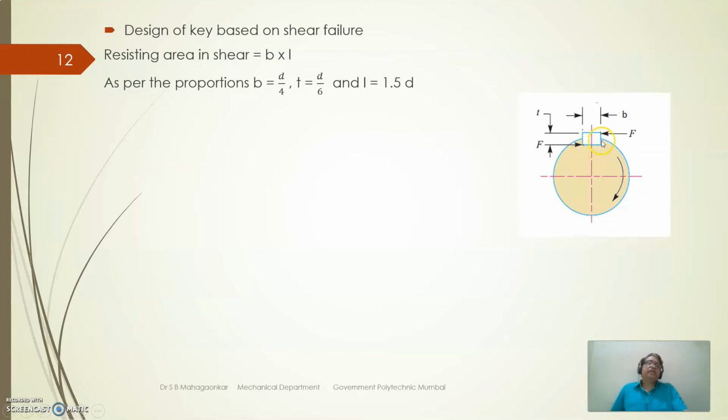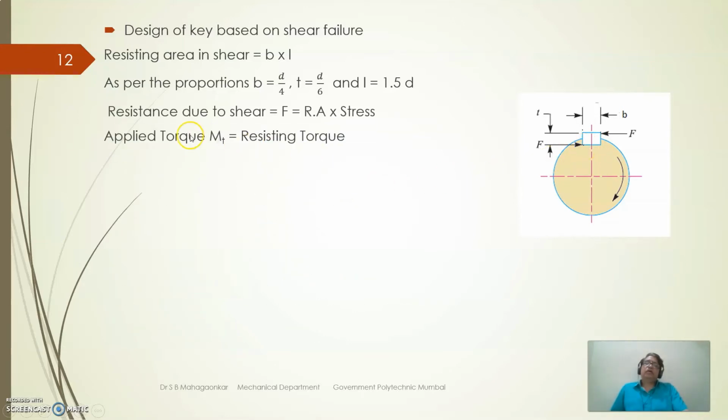If L is the length, it will fail at this point, right? So the area of the section you get is B into L, and we can get the torque resistance due to the shear, which is equal to resisting area into stress.